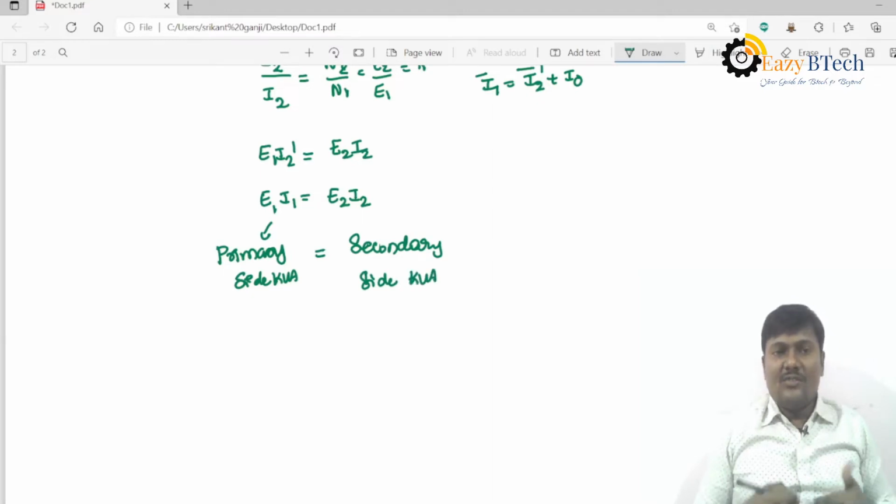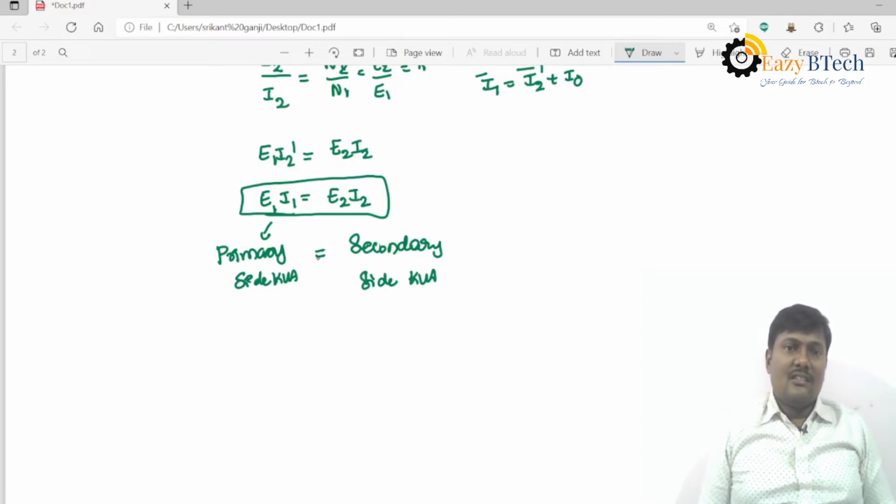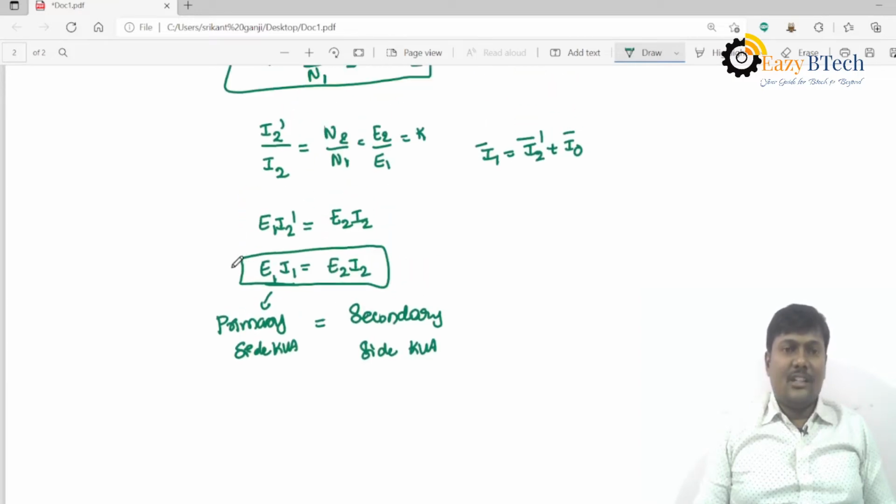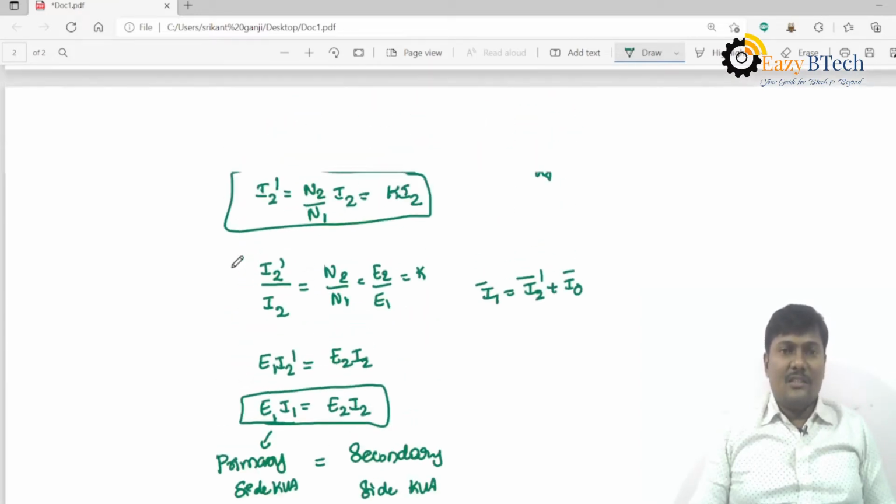Now the transformer definition is satisfied. Transformer transfers electrical energy from one side to another side. So the transformer is also called a constant power device. The primary side kVA is approximately equal to the secondary side kVA. That's why the transformer is a constant power device.